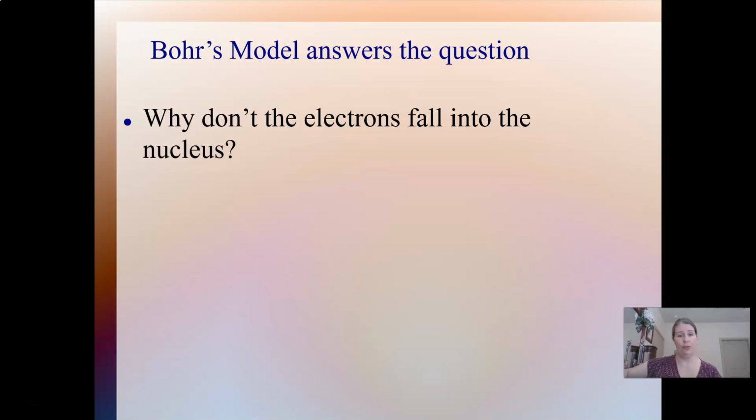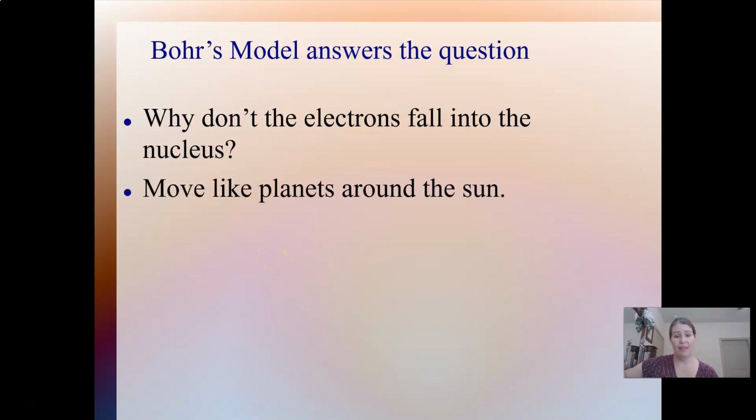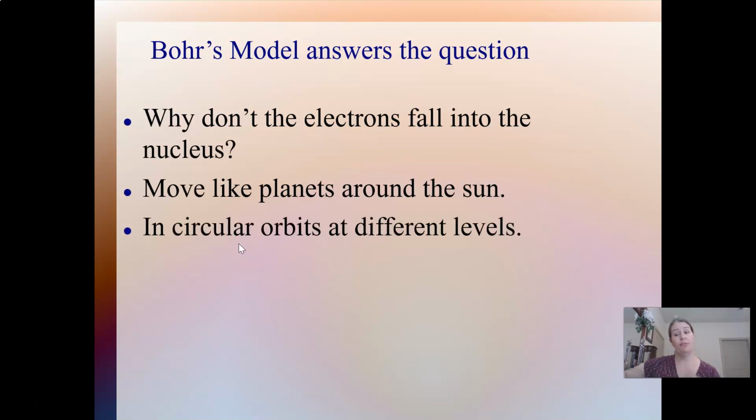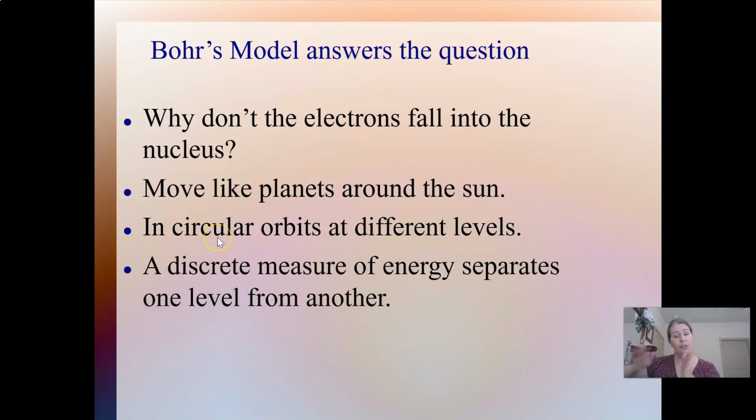Why don't the electrons fall into the nucleus? He states that the electrons are moving like planets around the sun. They're in circular orbits at different distances, and a certain amount of energy separates level 1 from level 2 and level 2 from level 3.